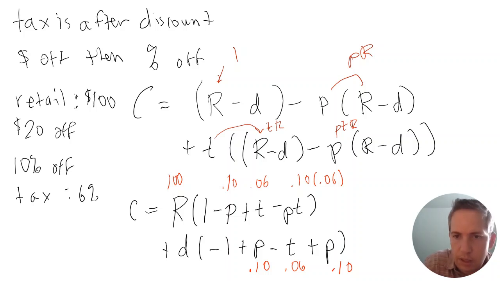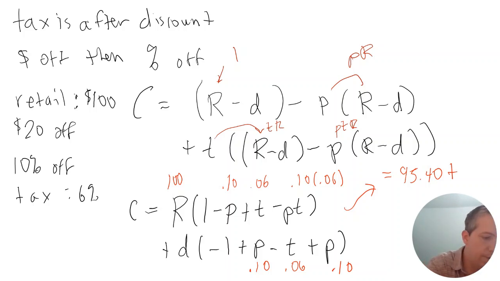So what I'm going to get here is this is equal to $95.40 plus, and then I have to do the whole thing over with the discount. So it's going to be -1 plus 0.10. And then I'm going to subtract 0.06. And I'm going to add 0.10.